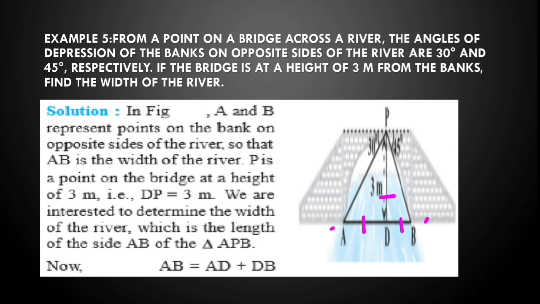Also given that this is 30 degree. Now you can say that this dotted line and this AB are parallel to each other and AP is the transversal. So if this angle is 30 degree, this is also 30 degree. Similarly, if this angle is 45 degree, this is also 45 degree.